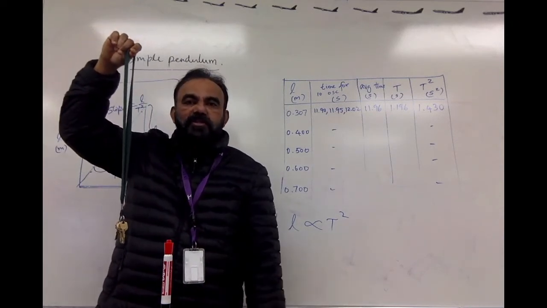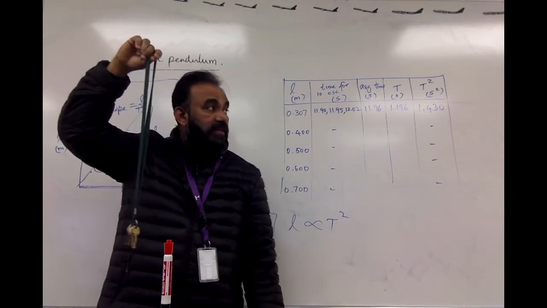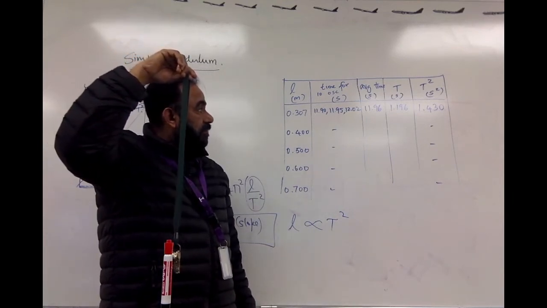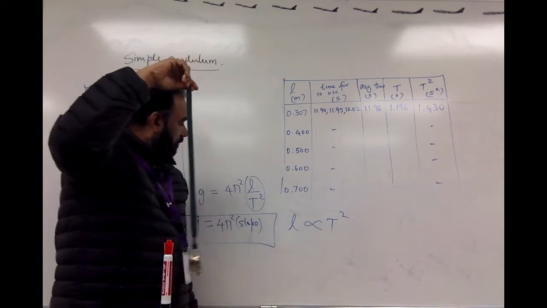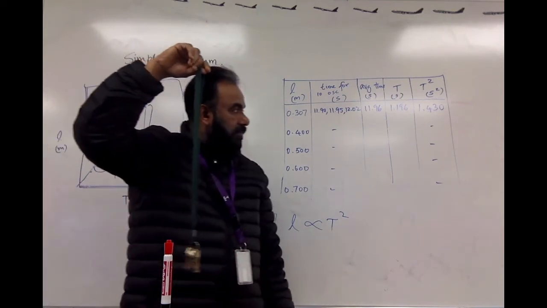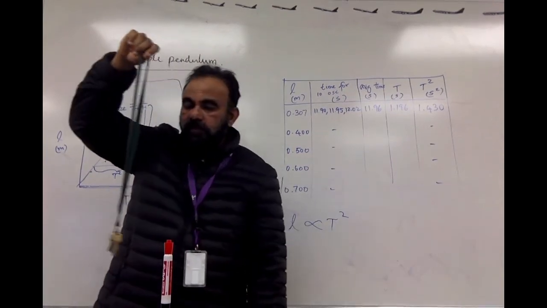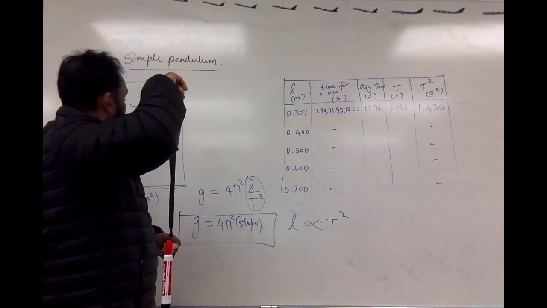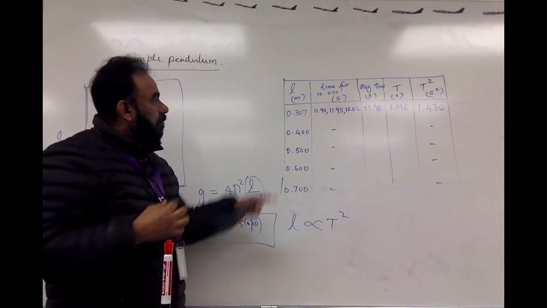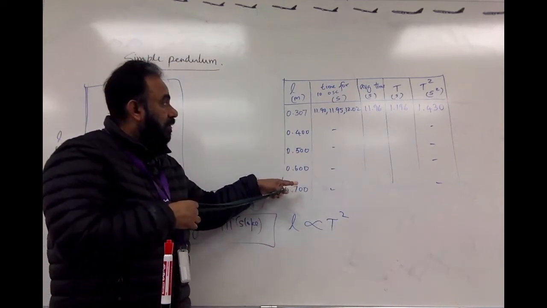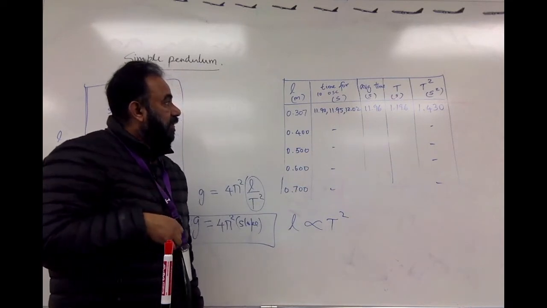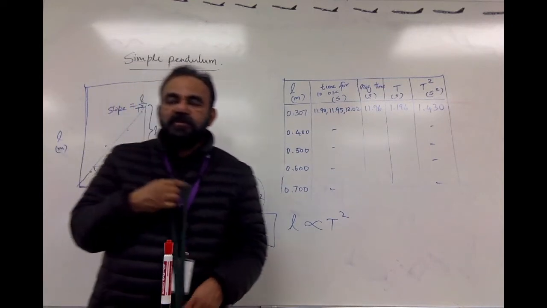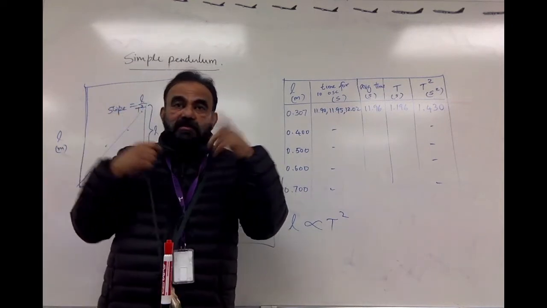Other precautions you can say are small angles, measurement of length properly to the center of gravity, and accurate measurement of time, all that.